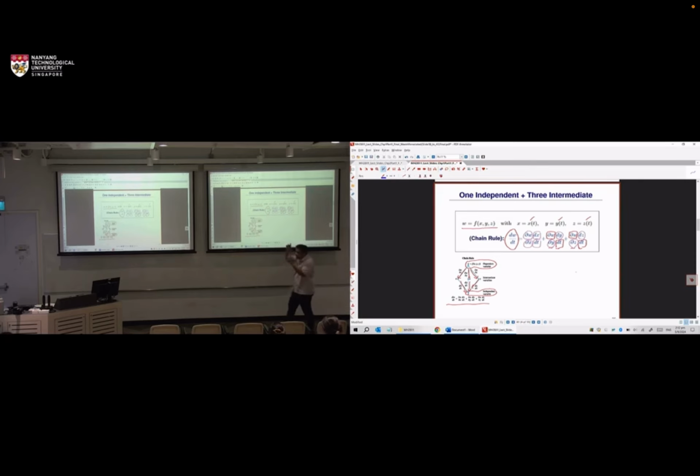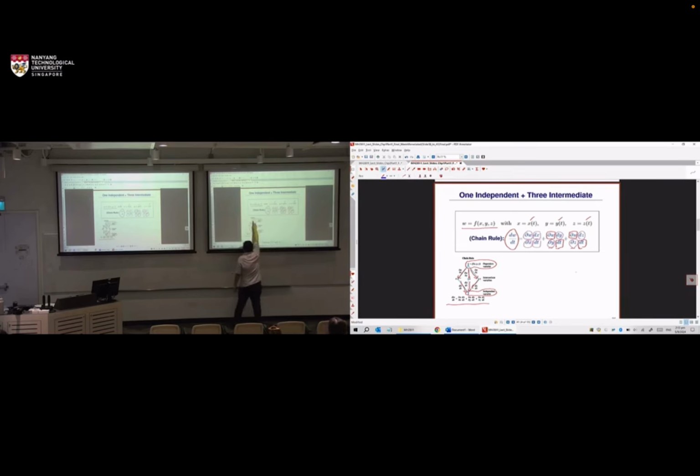Because of one independent only, there's only one diagram. You start off with the W, f of x, y, z. The last one is t, the independent variable. But your intermediate is now x, y, z.